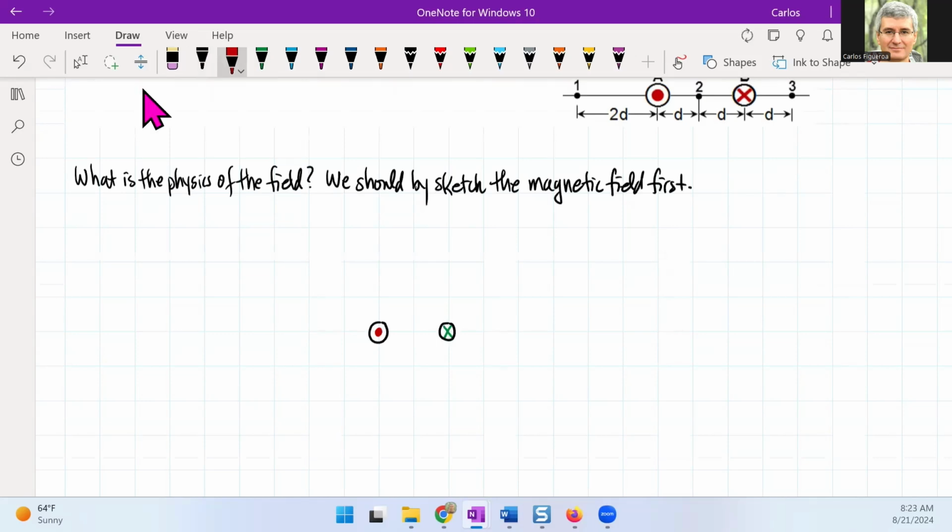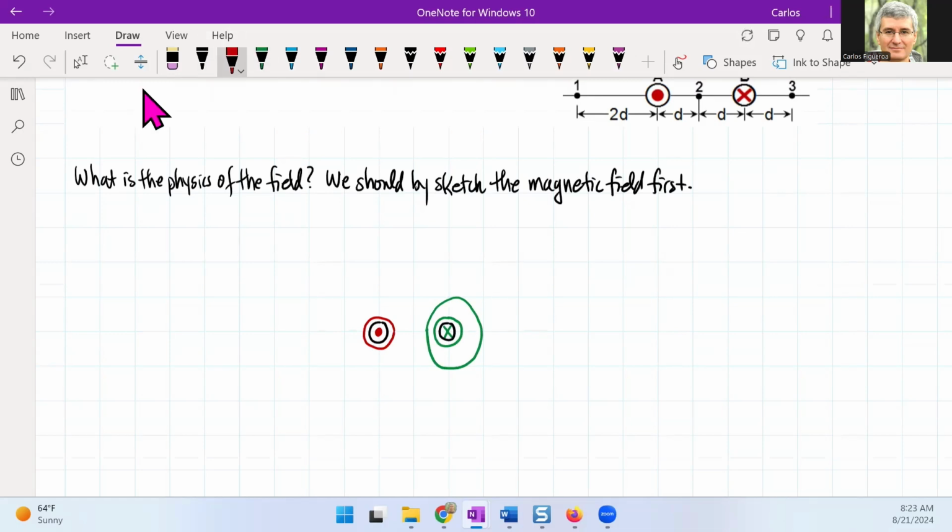So if I'm really close, I would expect that that field should dominate and I should have a fairly symmetric magnetic field. But now what happens is that I start to see a skewing of the field. So I would expect that I'm going to get something like this, where it's not fully symmetric.